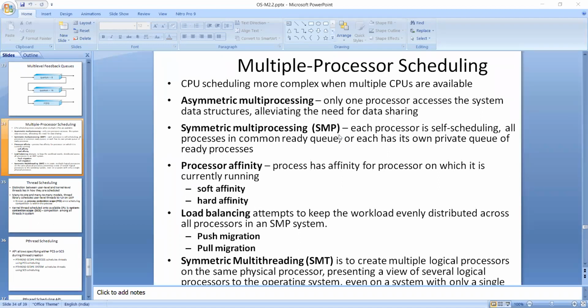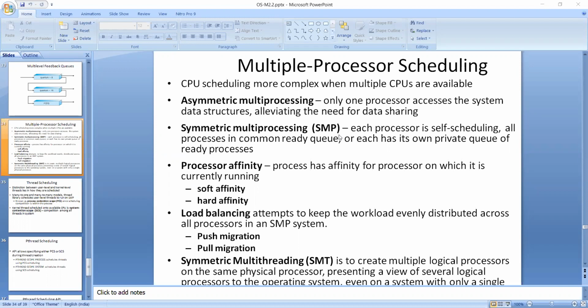Another form of this affinity is that some systems, such as Linux, provide system calls that support hard affinity. That allows the process to specify that it must not migrate to other processors. So that is called hard affinity.